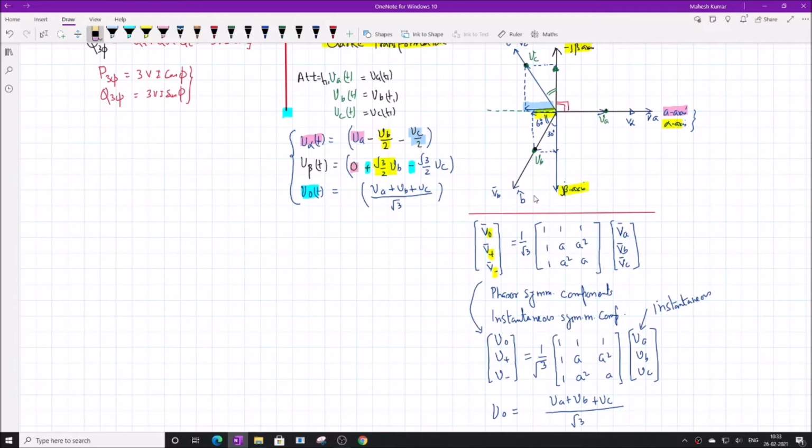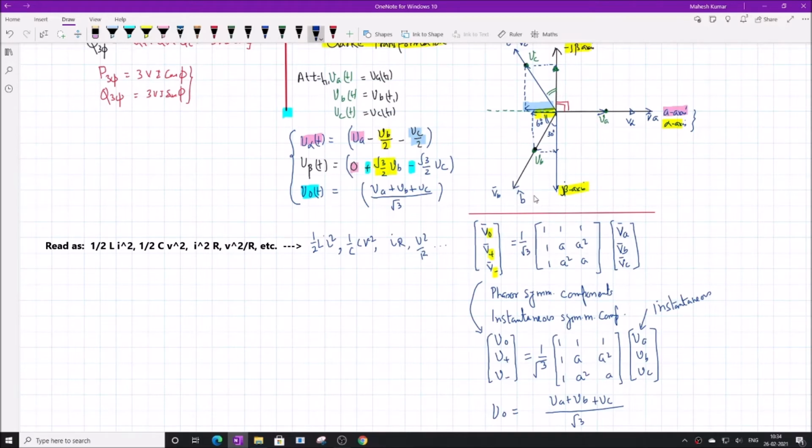But remember, when we transform one set of variables to another set of variables, the power is always constant. The energy is always constant. And you know that the energy is proportional to the signal squared. For example, if you have inductance, the energy is half L i square, or it is B square by R, and so on. If you see mechanical systems, the kinetic energy is half m v square, and so on.